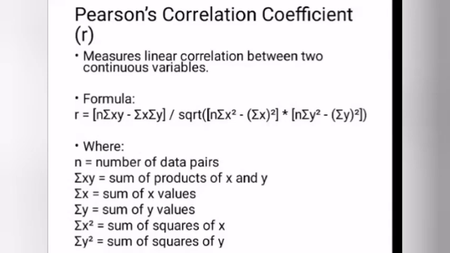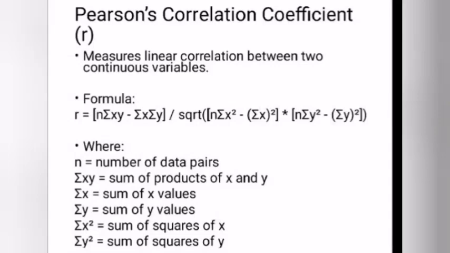The formula is r equals n times sigma xy minus sigma x times sigma y, over the square root of n sigma x square minus sigma x all squared, times n sigma y square minus sigma y all squared. I'll explain it. So n is the number of data pairs.